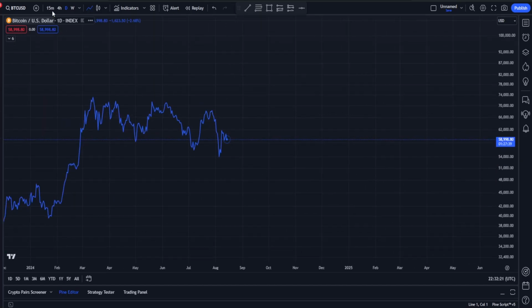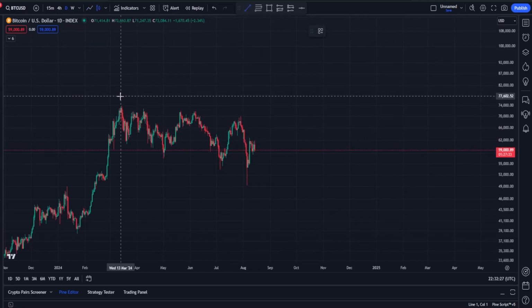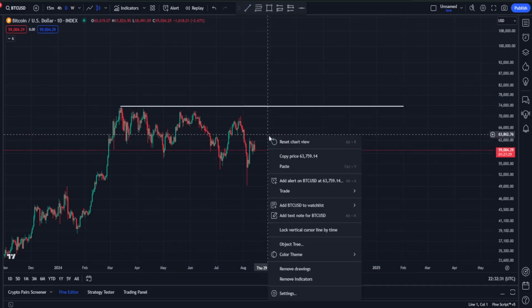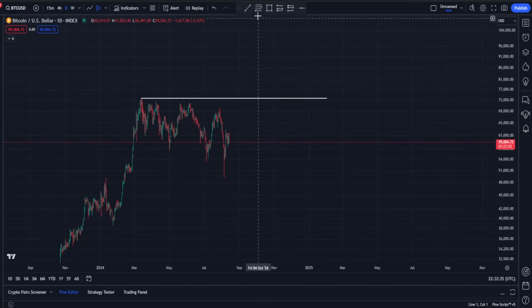But most likely that's not going to happen because, come on, bull market, bro, it's going to happen eventually. Not bull market, but new all-time high is going to happen eventually when we break here.